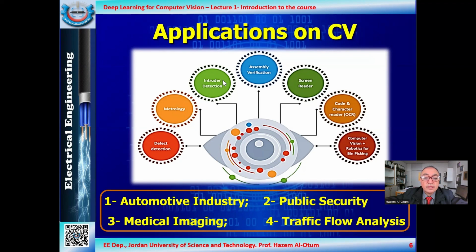Intruder detection: we can detect hackers, we can detect by computer vision illegal people that try to interact with your system. Also assembly verification, when you verify that your device is assembled as required. It could also be a sort of software or application in screen reading.